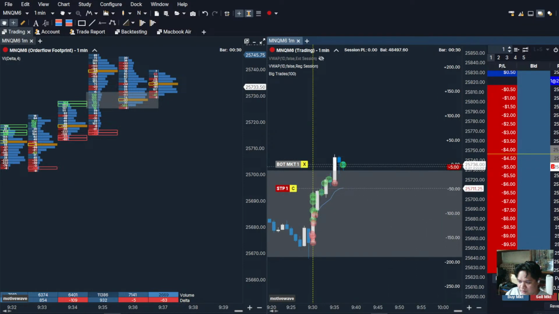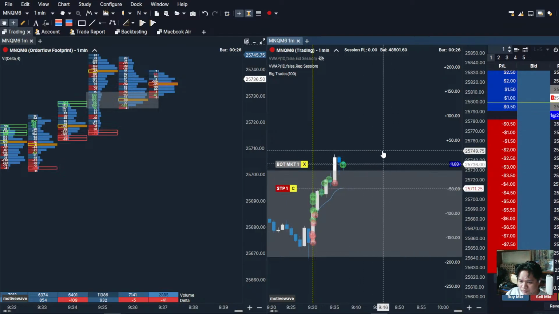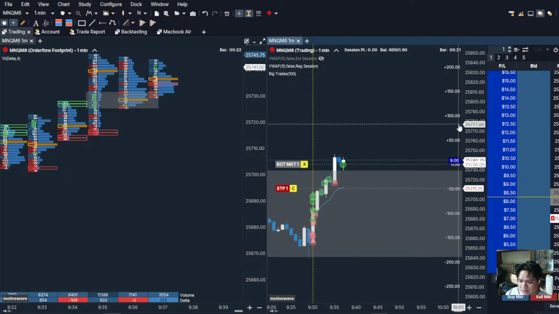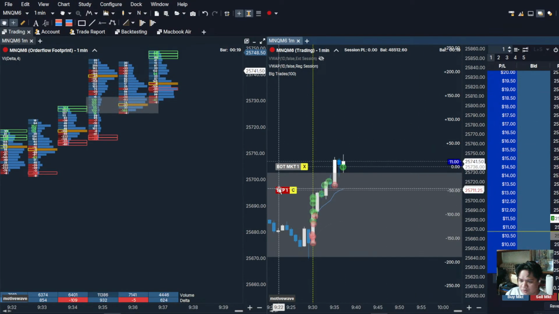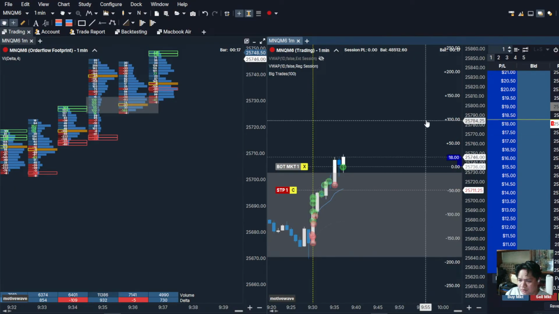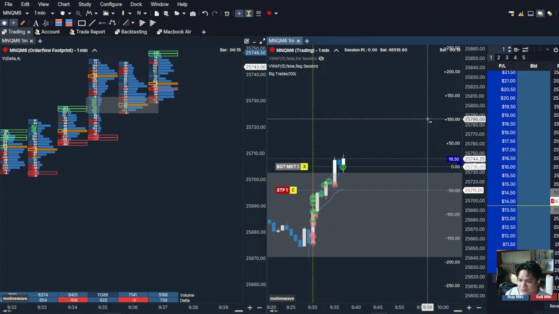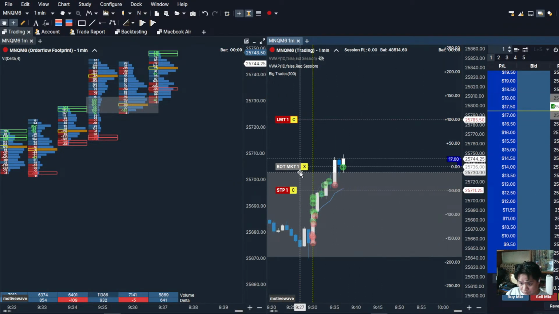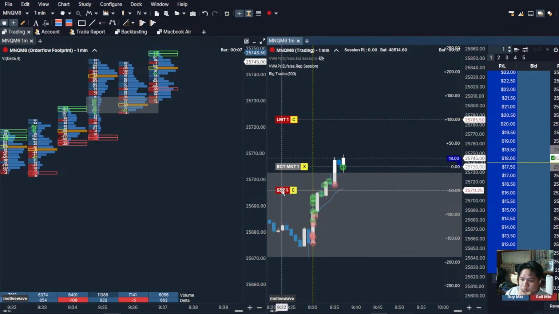See if this can push up. I'm pretty confident in this trade, so I'll leave it as it is. Maybe we can move it to 100. A nice little 100 here. Pretty confident in this trade.